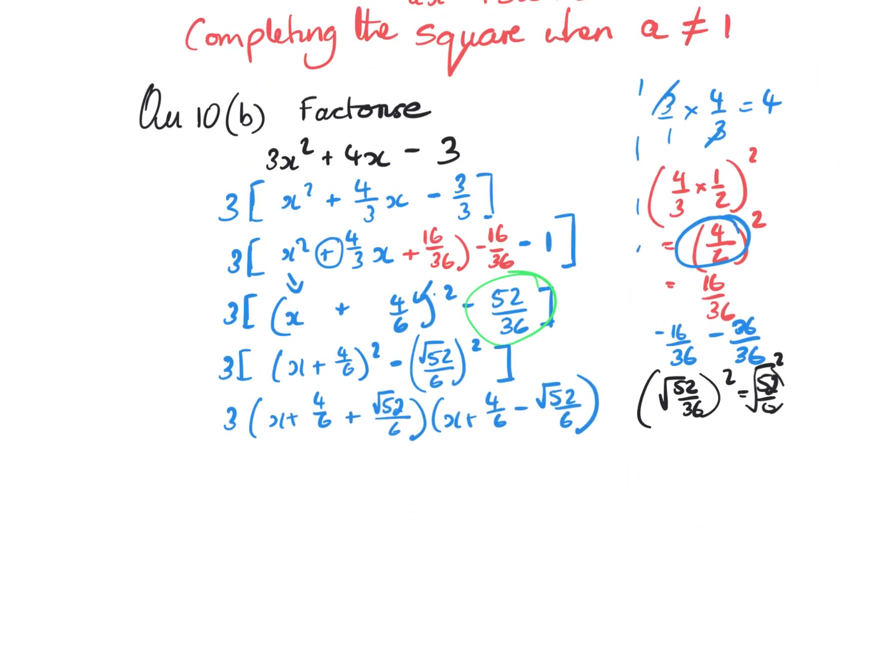So let me just move that up a little bit so that we've got some working room. And so we've got the square root of 52 equals the square root of 4 times 13, which would be 2 root 13.